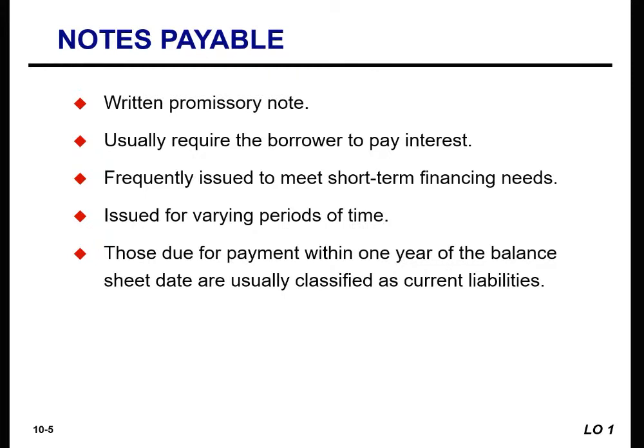They require the borrower to pay interest and frequently are issued to meet short-term financing needs. They are issued for varying periods of time, and those that are due within 1 year of the balance sheet date are classified as current liabilities. Those that are due outside of 1 year of the balance sheet date would be classified as long-term liabilities.